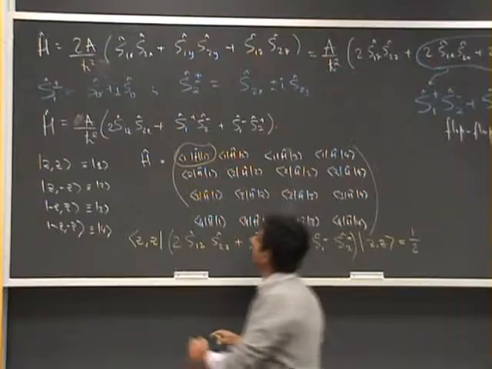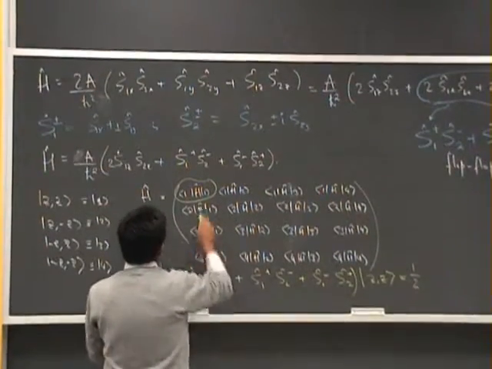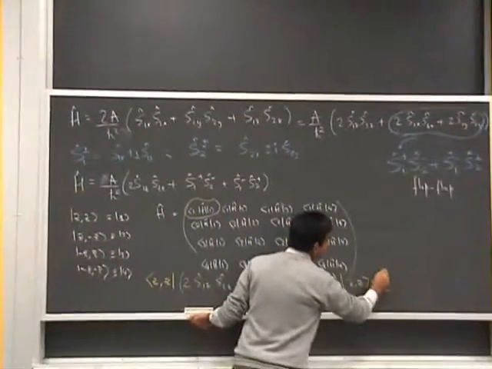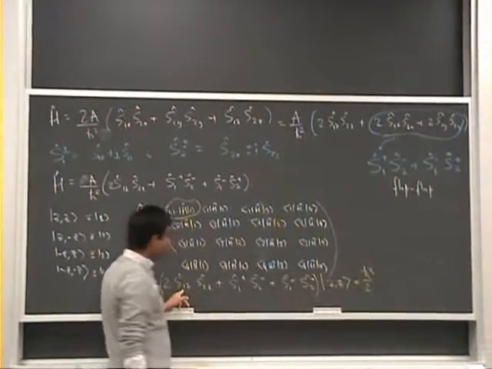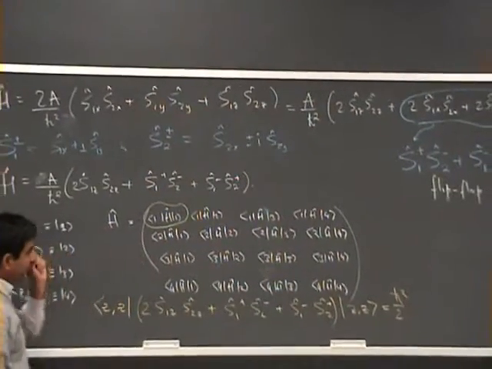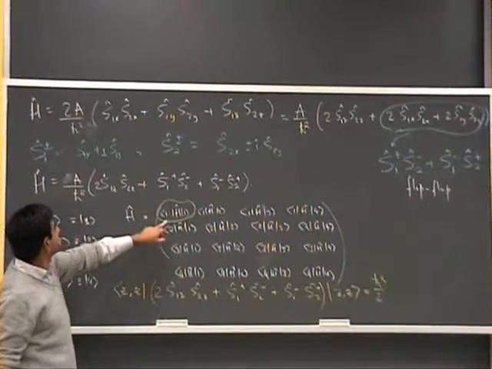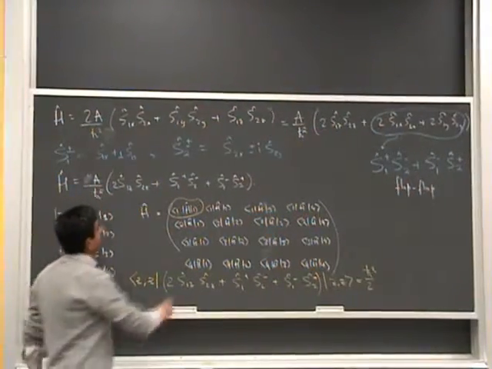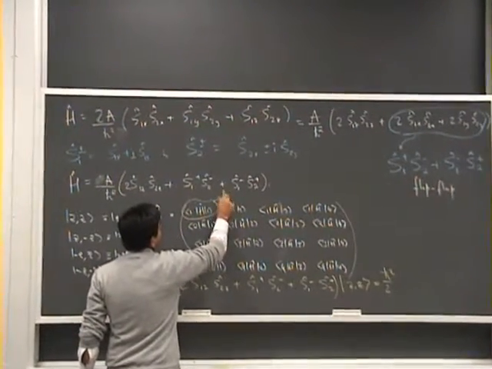And of course there is h bar squared over 2 as well, because S1z acts on ket z to give me h bar over 2. This is h bar squared over 2 multiplied by a over h bar squared. This is a by 2.